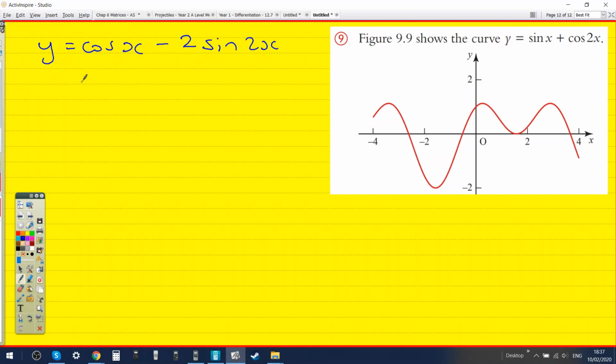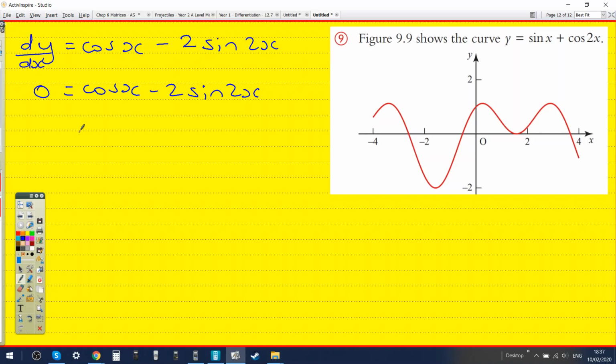Sorry, that's dy by dx. So at the turning point, that's equal to 0. Should be able to solve it as it is. Oh, no. You will need to use an identity. Go on. What identity do you have to use? With 2 sine 2x, I'm thinking double angle formulae.